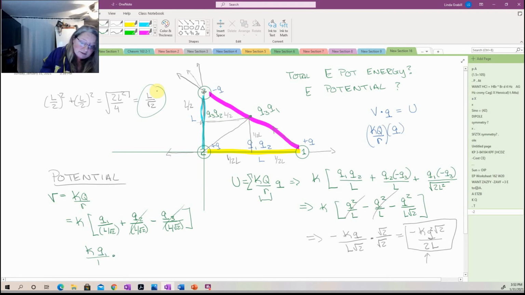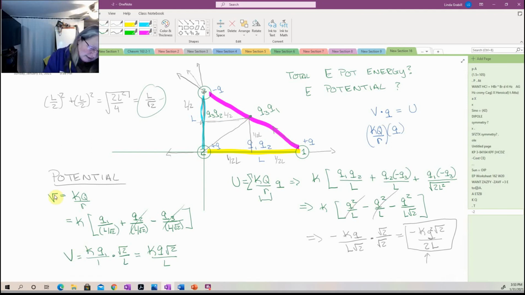So if a fraction lives on the bottom of a fraction, I just flip this thing. So I'll end up with the square root of 2 over L. So K, Q, root 2 over L. That would be my final, not a V for velocity. Sorry, V for potential. I'm going to erase that so it's not confusing.